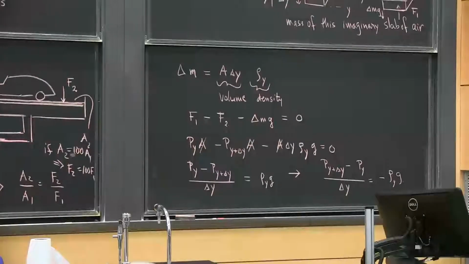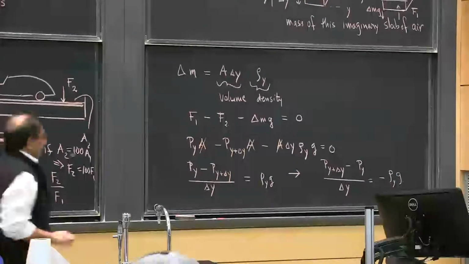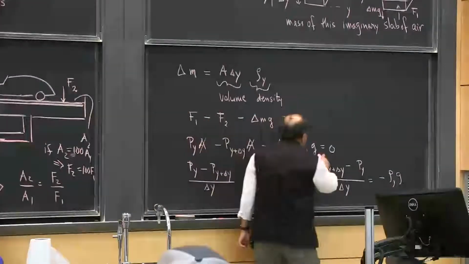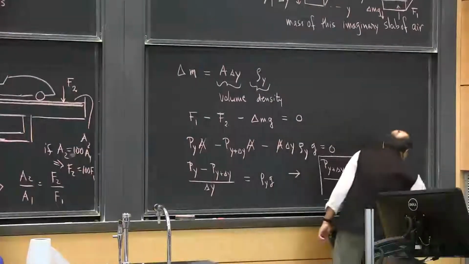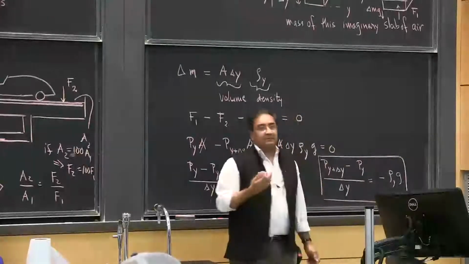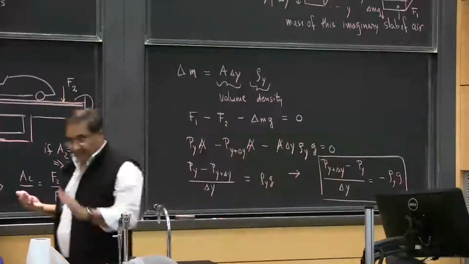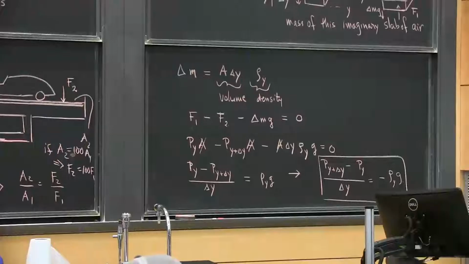Okay, so this is a very important equation, because it has a critically important message for us: as we go up, with gravity pointing down, and you can see gravity is involved in our arguments here, the pressure of the air is falling.